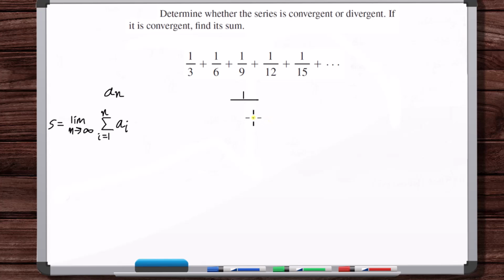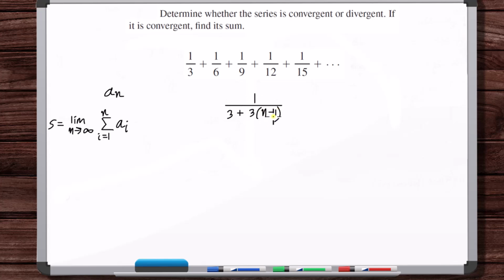So in that case, we say that this is going to be 3 plus the common difference, which is 3, times n minus 1.